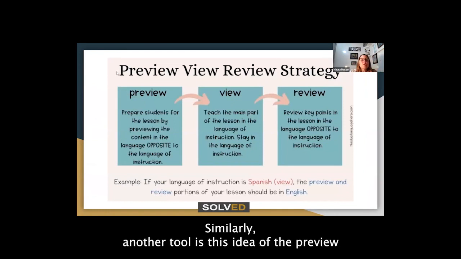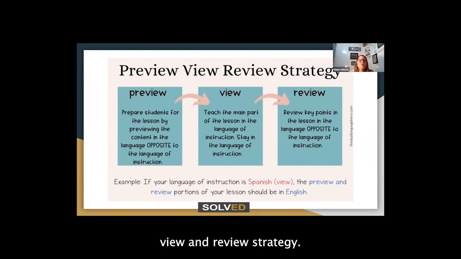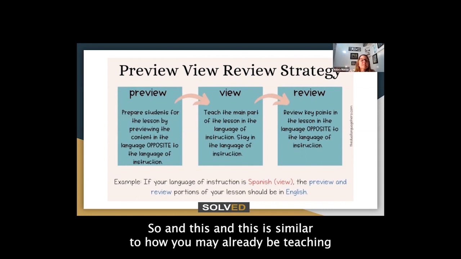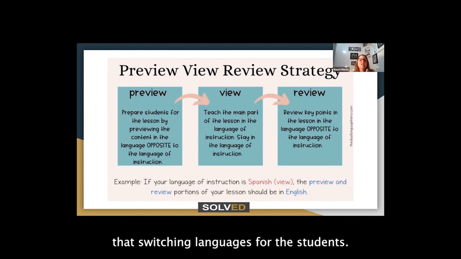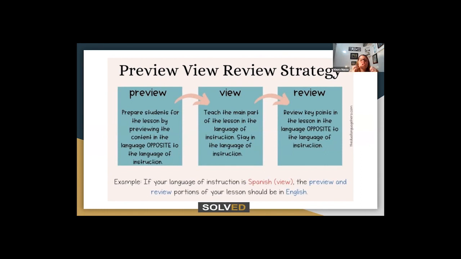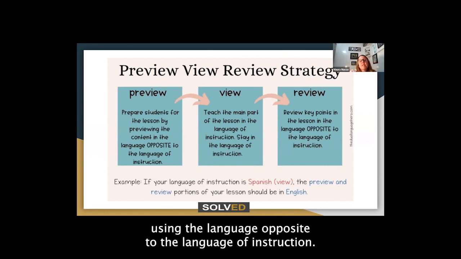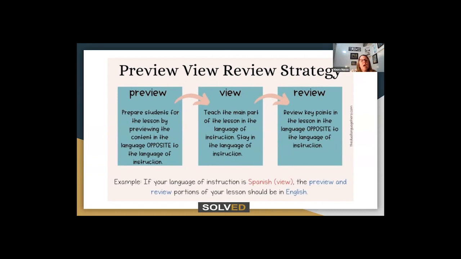Similarly, another tool is the preview, view, and review strategy. This is similar to how you may already be teaching, switching languages for the students. We do our previewing using the language opposite to the language of instruction.